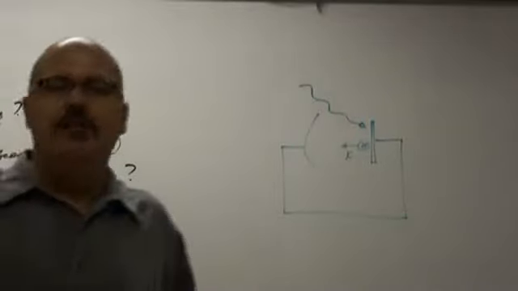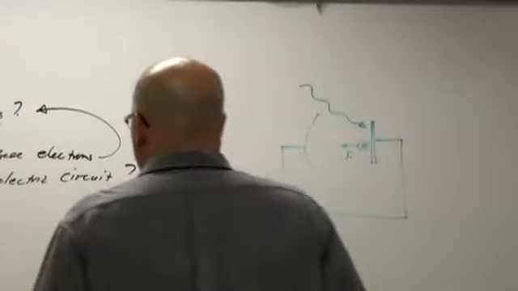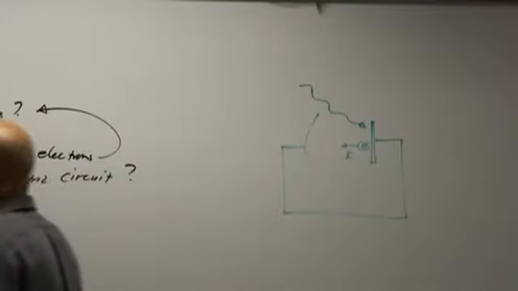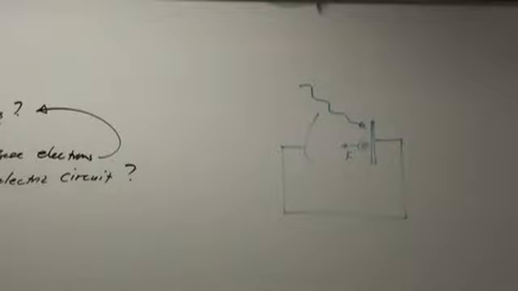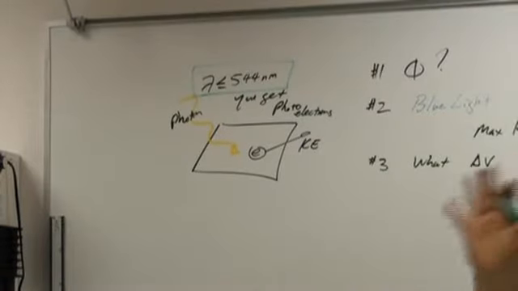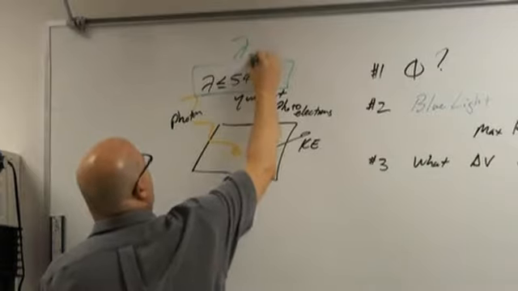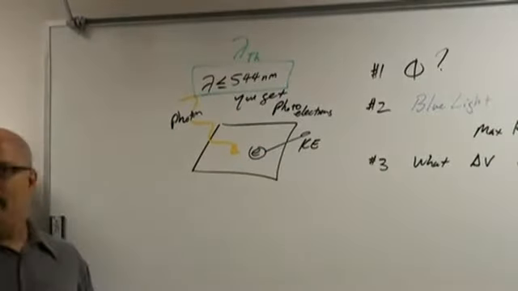Sounds like we're making good progress. Let's go through it, okay? Okay, here we are. Here's the key. The key right here is this statement. You're looking for this statement because if they give you this statement, this means that this is your threshold wavelength, right?